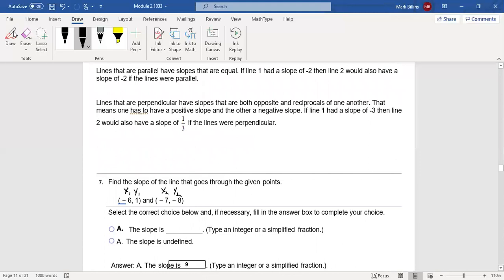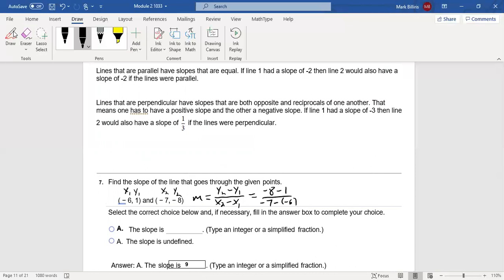And just so you recall the formula, slope is y sub 2 minus y sub 1 over x sub 2 minus x sub 1. So y sub 2 in this case is -8 minus y sub 1, which is 1, over x sub 2, which is -7, minus x sub 1, which is -6.